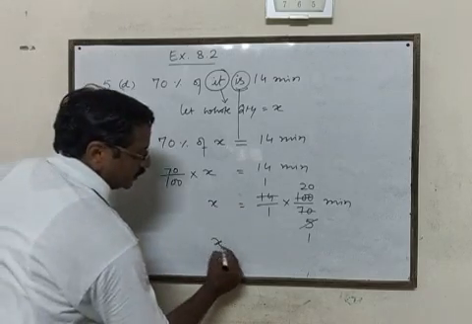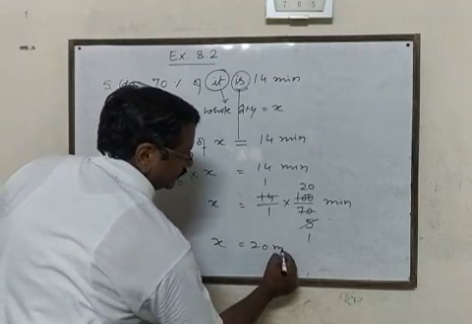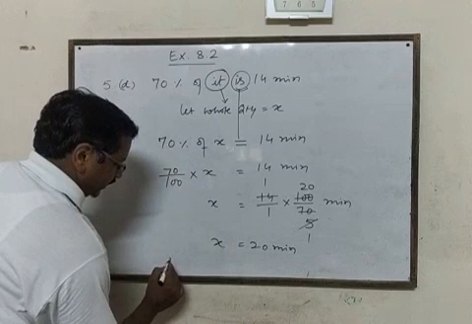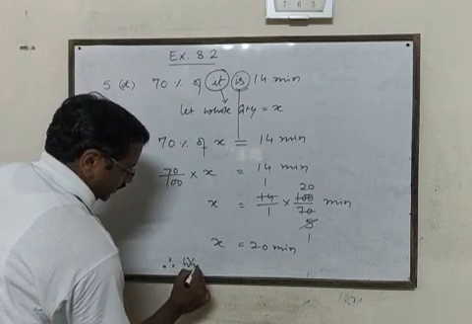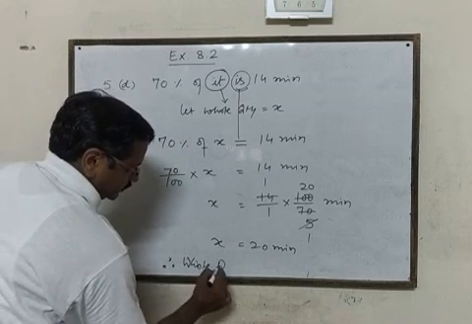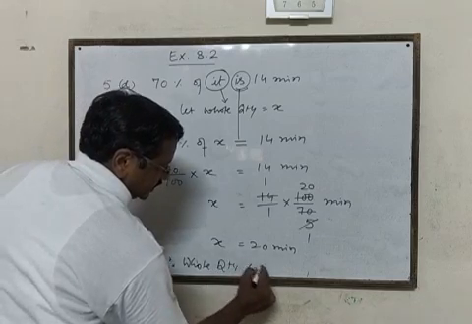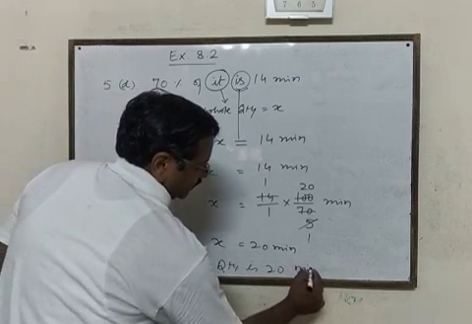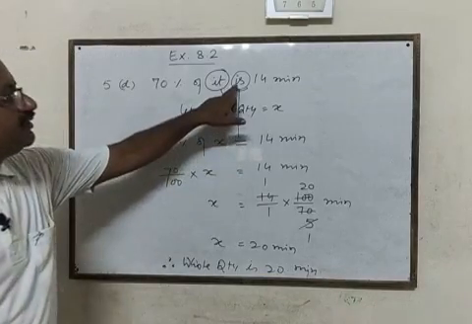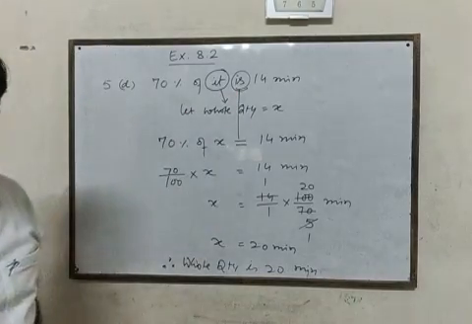So X is equal to 20 minutes. Therefore, whole quantity is 20 minutes.